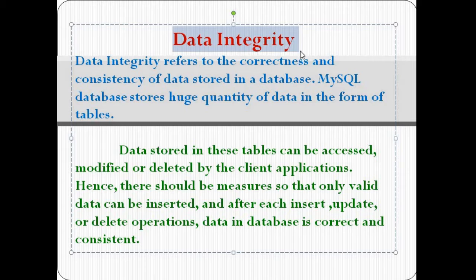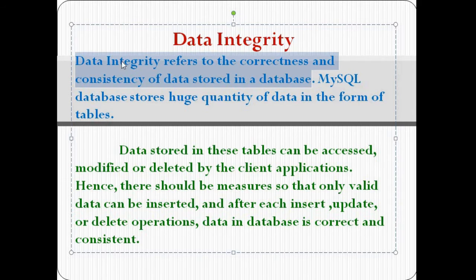Now if such huge amount of data gets stored inside a database, we have to ensure that the data that gets stored is always correct and consistent, and that is what we call data integrity. So data integrity refers to the correctness and consistency of data stored in a database.